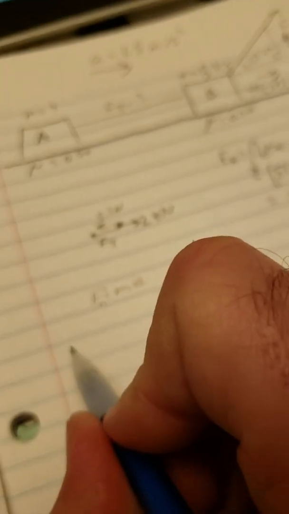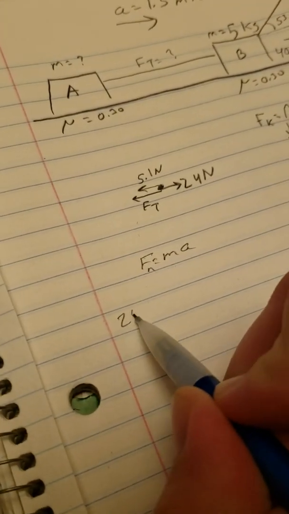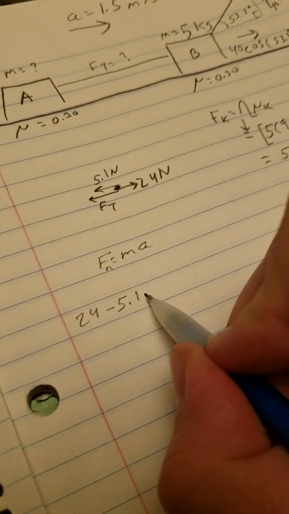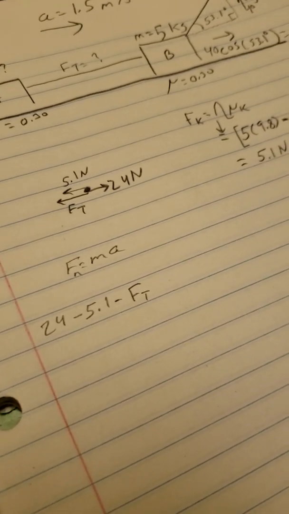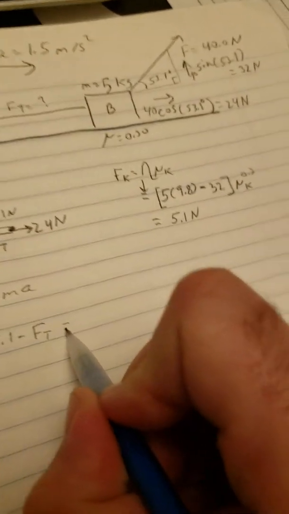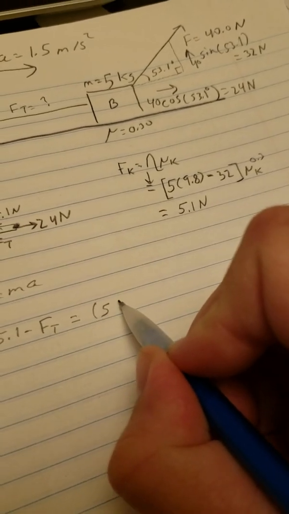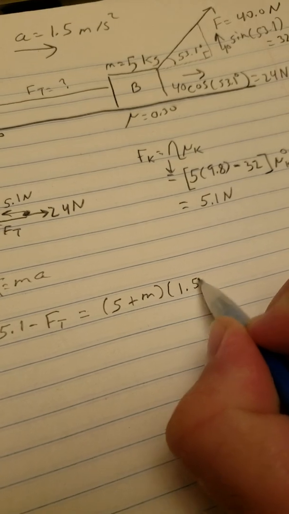So we write that down. We've got 24 newtons minus 5.1 newtons minus our tension force. We don't know what that is yet. All right, and that equals our total mass, which is 5 plus our mystery mass, A, we don't know what it is, times our acceleration, which we know is 1.5.